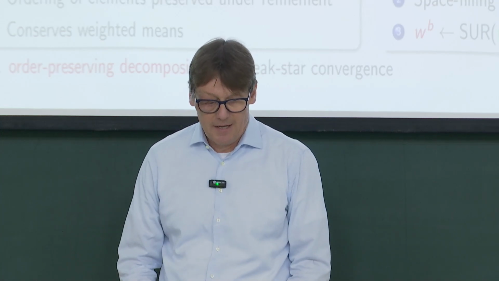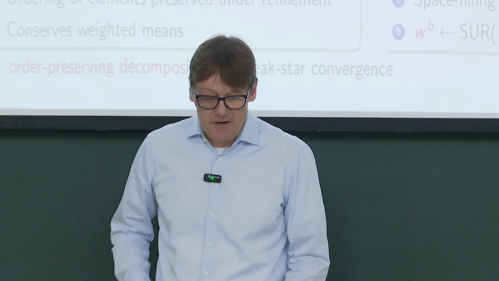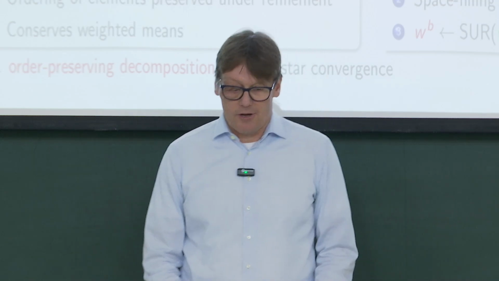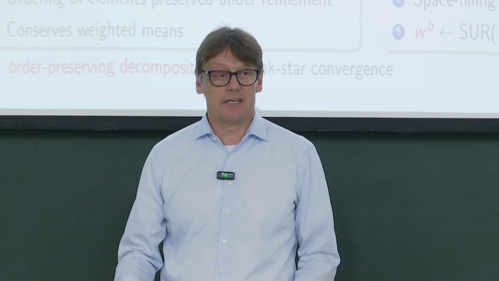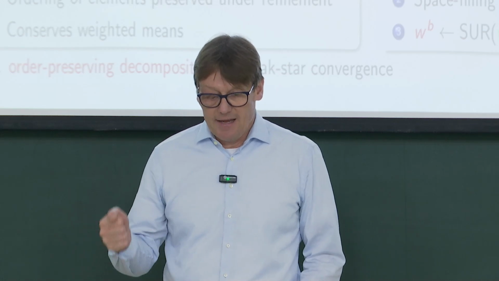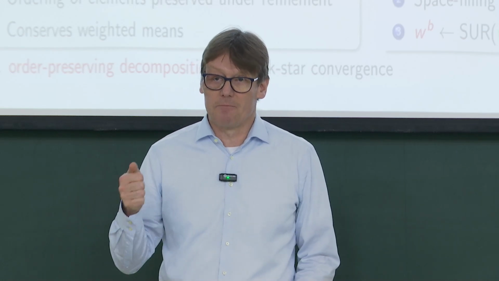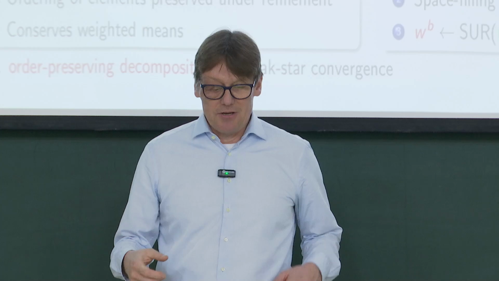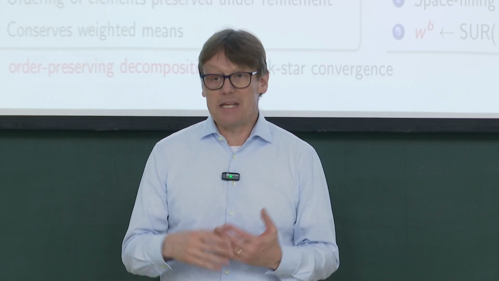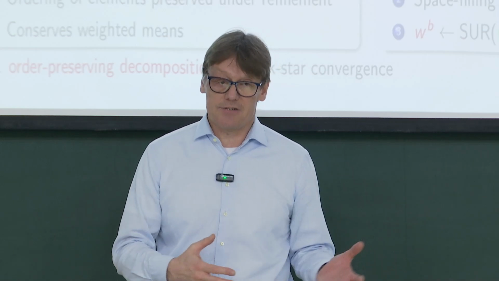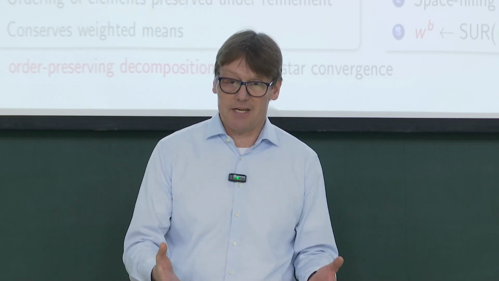So this can be done efficiently, and Paul calls this an order-preserving decomposition. There are other order-preserving decompositions, but if you have these, then you can solve the relaxation of the PDE constraint optimization problem, the continuous relaxation.